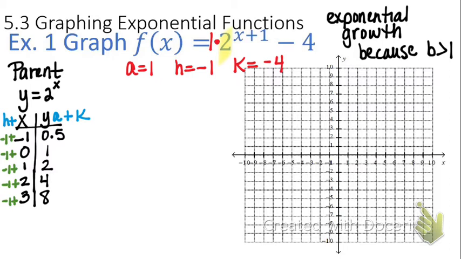So you're multiplying by 1 and adding negative 4. So go ahead and take a moment, create your new table. And this is the table that we're going to graph.